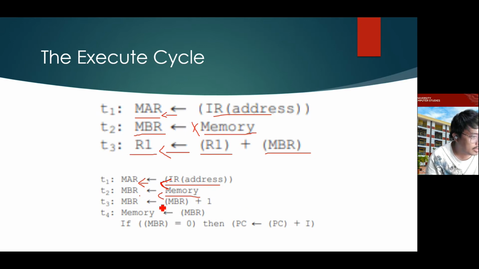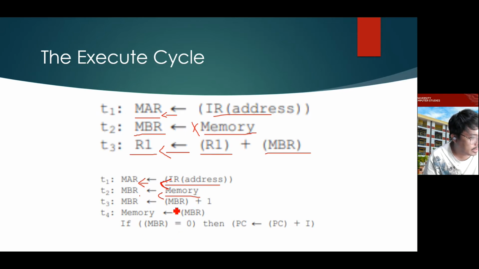Then the MBR will increment 1, it will loop later on. Then it will skip the value of 0 here.